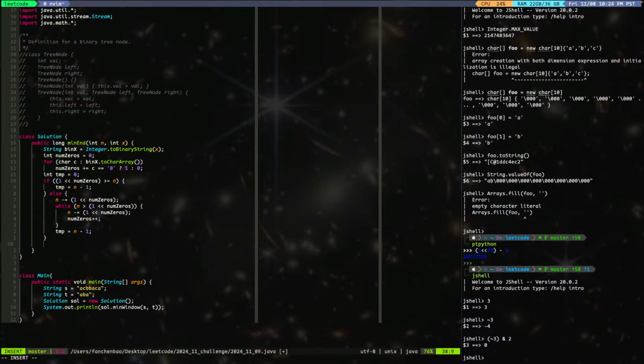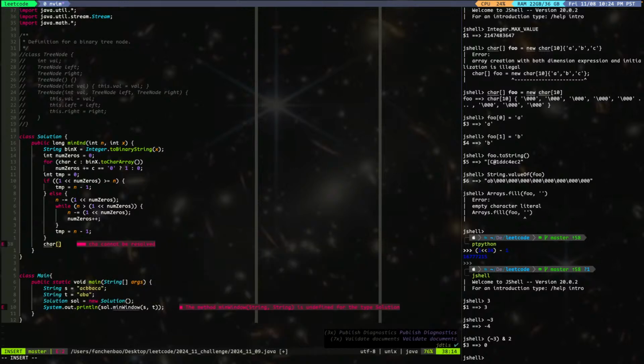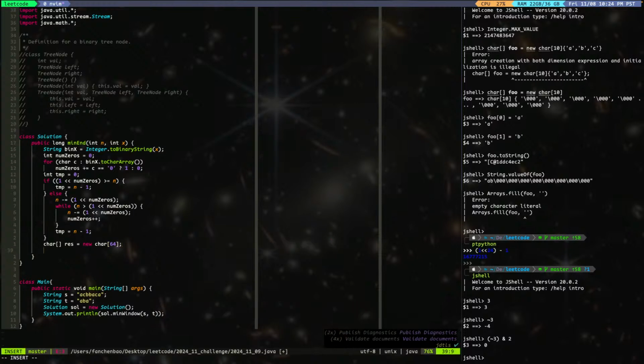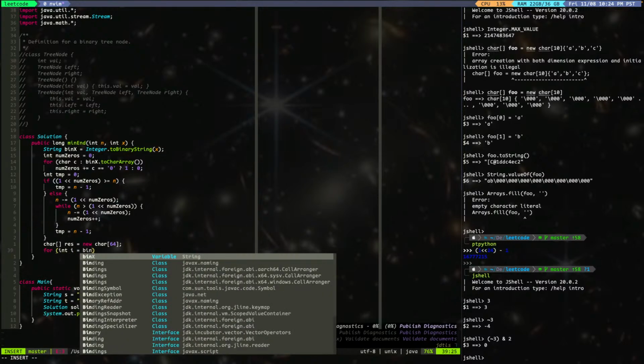So I can just create, let's say, a char array res, new char of 64, okay? And we'll first fill in the binary x put into it. We say for int i equal to, let's say bin x. Ooh, we need to fill from right to left.